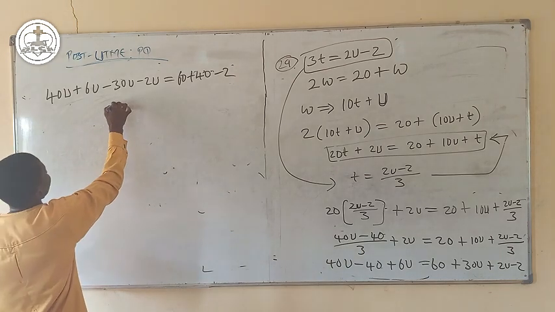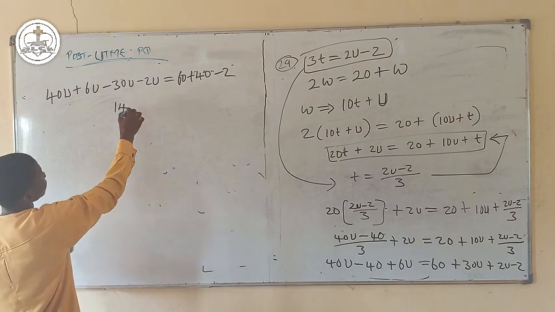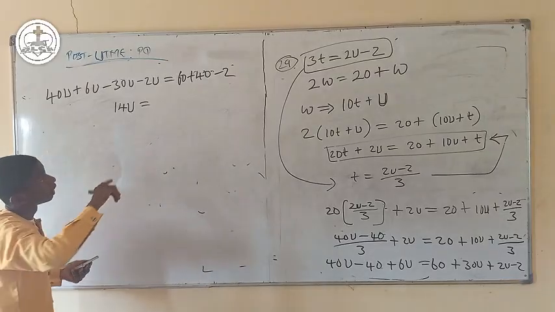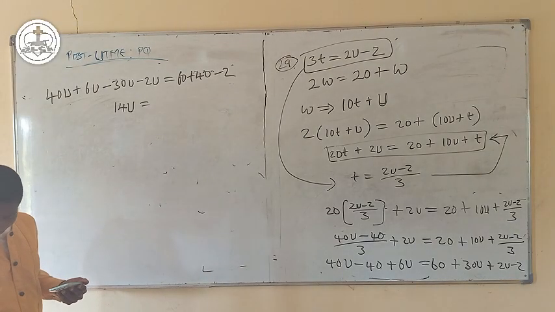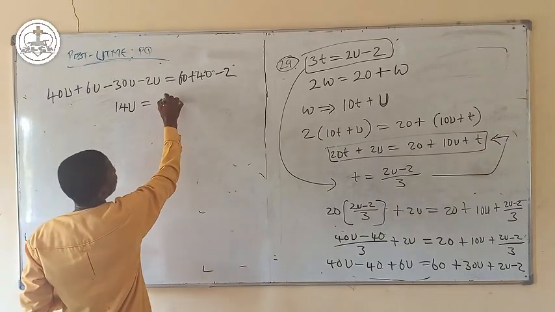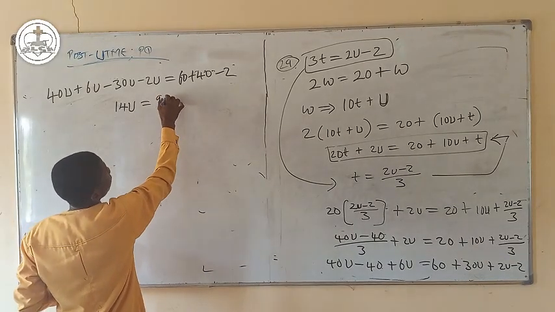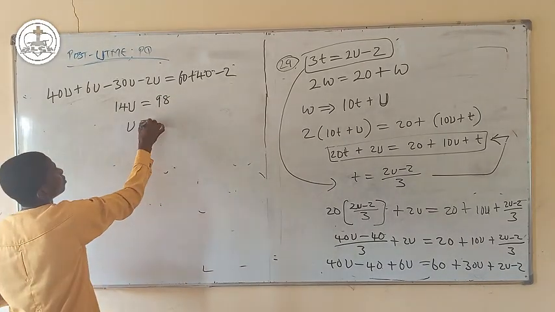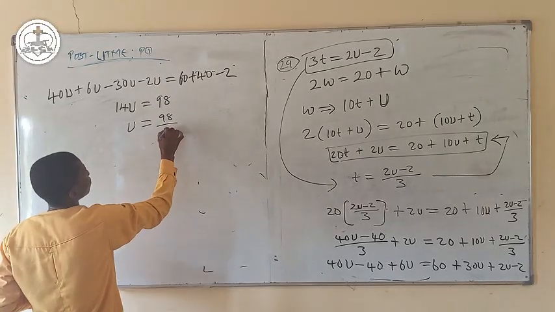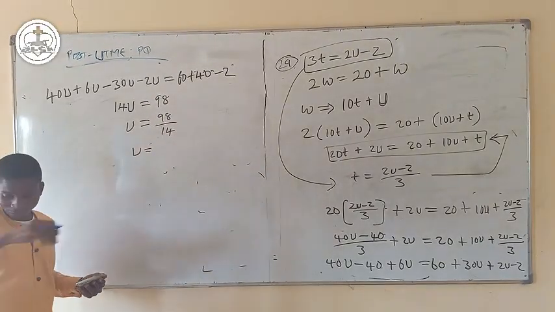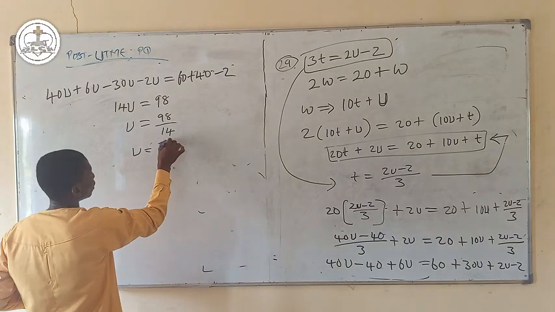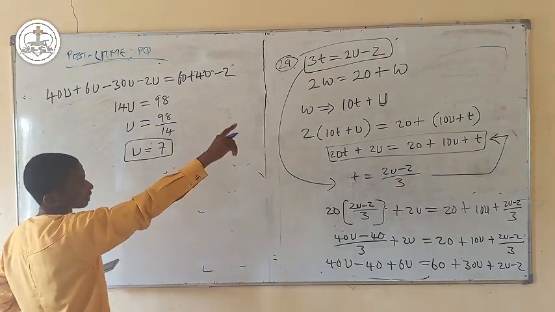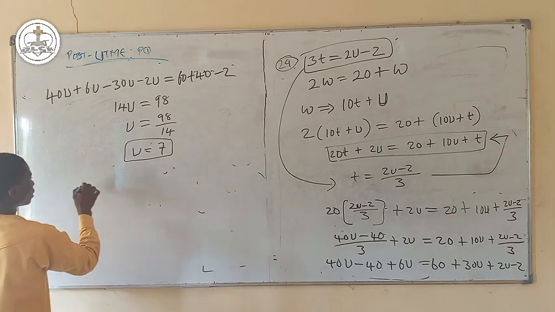We're going to have 14u is equal to 98 here. So our u will be 98 divided by 14. Our u is equal to 7. So getting our u as 7, our t can be easily gotten.